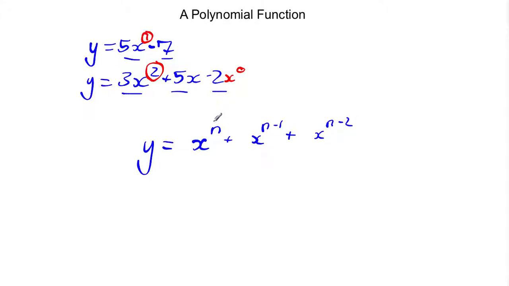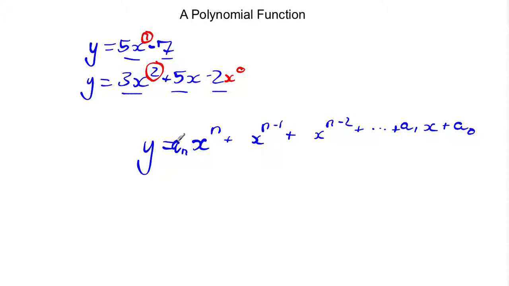So we have n minus 1, n minus 2, and we go on until we have just a single x to the first, and then finally some constant, which is going to be a to the 0. Now this a is going to represent our constant, and so this a to the first is some coefficient, and then all the way here I have a sub n.